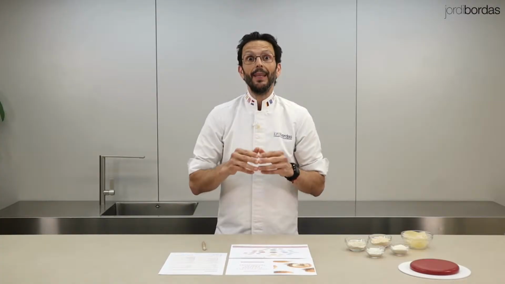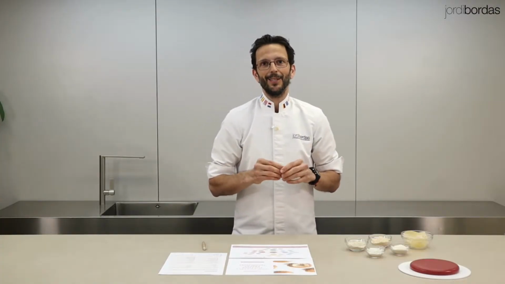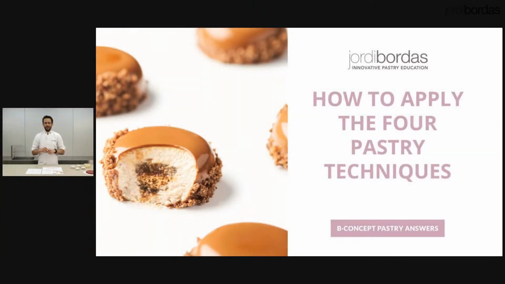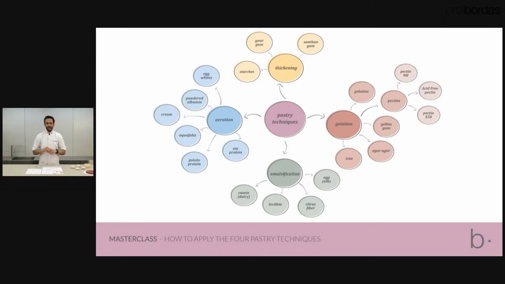Let's start. I will explain first about stability in pastry, because 12 years ago I started to realize that I didn't have enough knowledge to create my recipes, and my first goal was to understand how we can have recipes that are completely stable. For example, the freezing and thawing process.